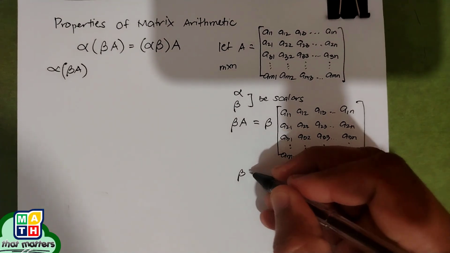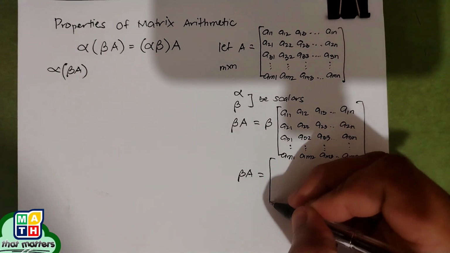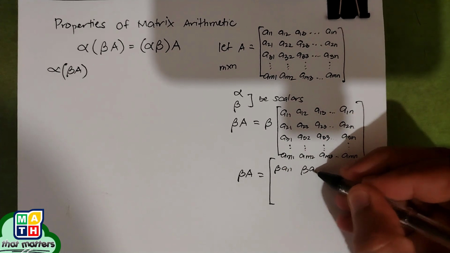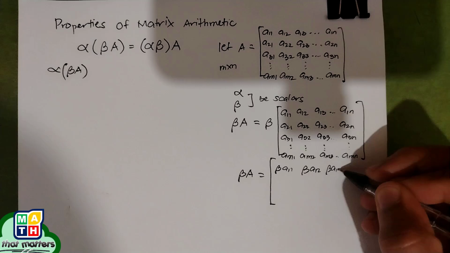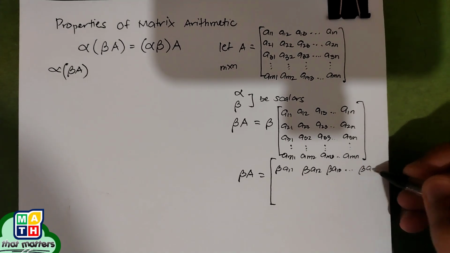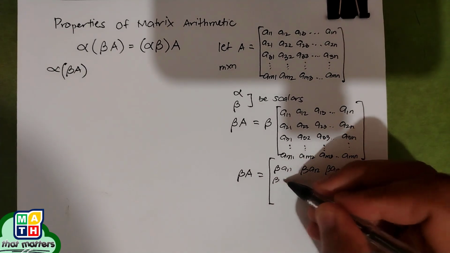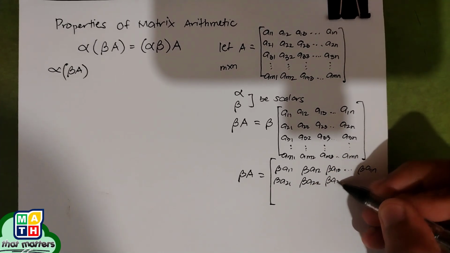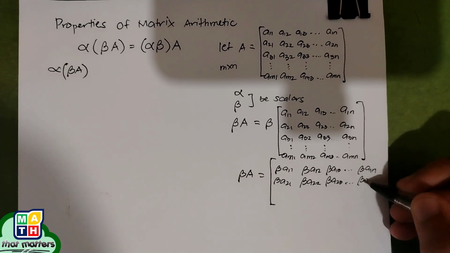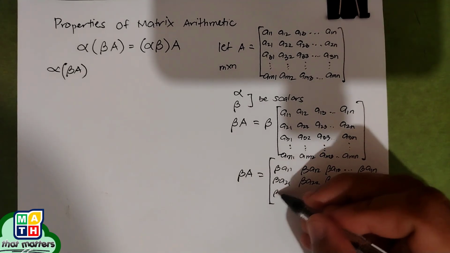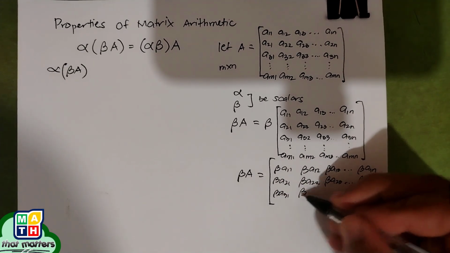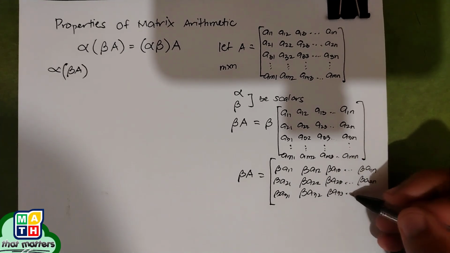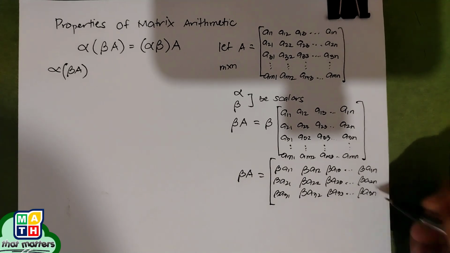Hence, beta A is equivalent to this expression: beta A11, beta A12, beta A13, dot dot dot, beta A1n, beta A21, beta A22, beta A23, dot dot dot, beta A2n, beta A31, beta A32, beta A33, dot dot dot, beta A3n.